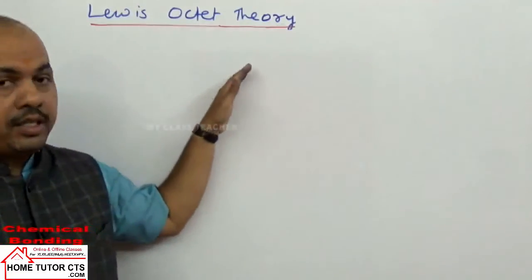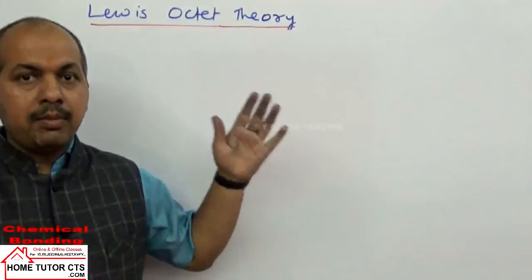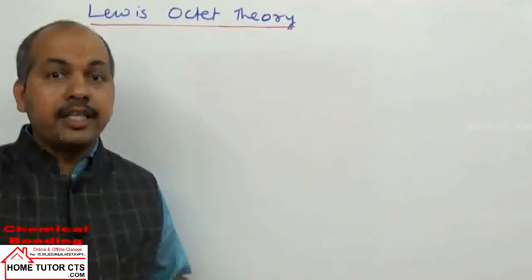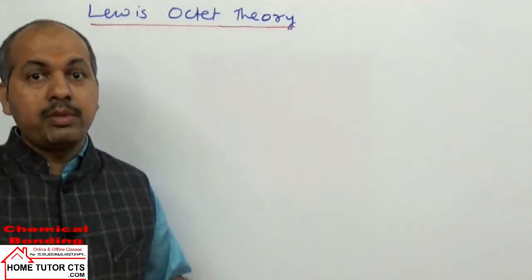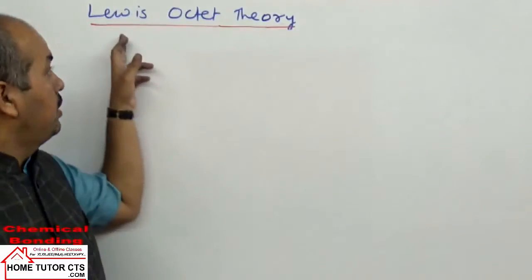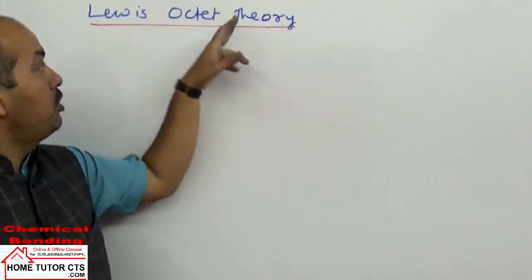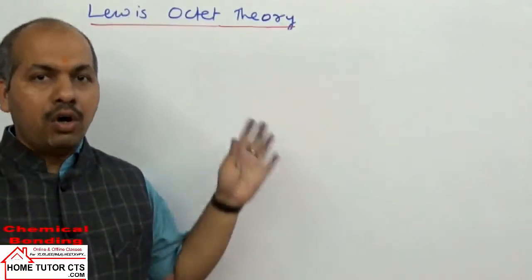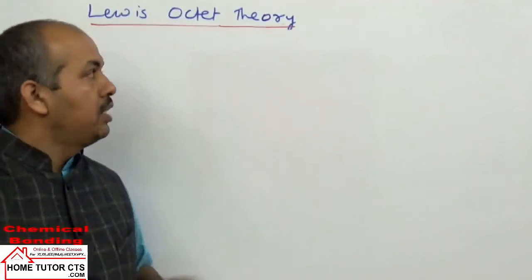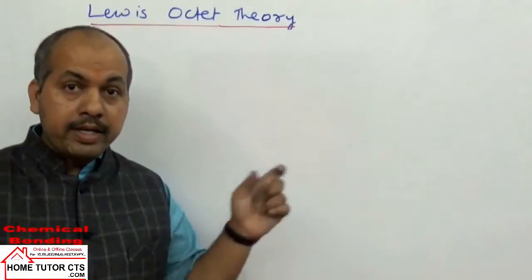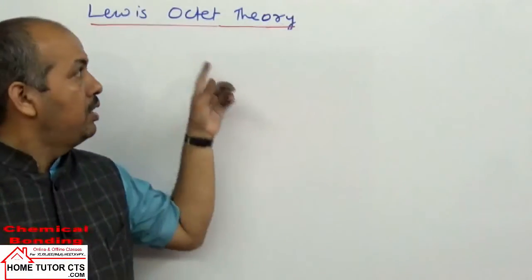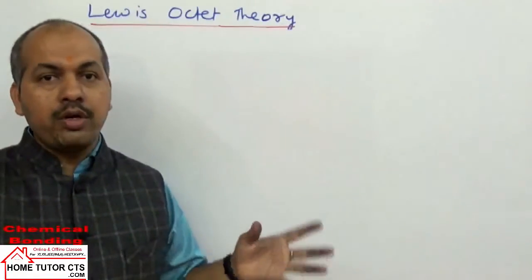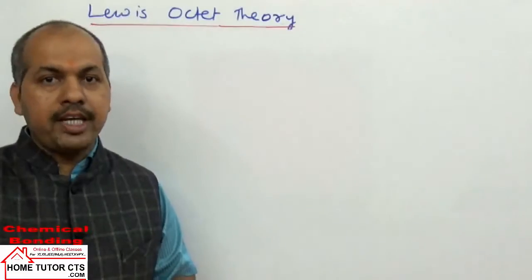As per this theory, they should be unstable. Molecules in which the central atom has less than 8 or more than 8 electrons should be unstable, because this theory says completion of octet is the only criterion for bond formation or electron sharing, because then atoms can have noble gas configuration. Complete octet means noble gas core, and noble gas core means stable configuration.